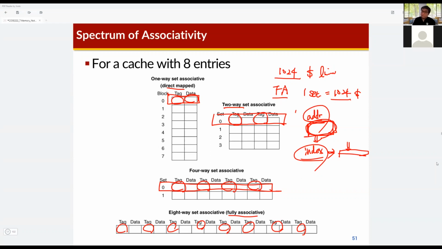Okay, so in the direct mapped cache, we can only access one cache line or one cache block, because when the index is calculated, this direct mapped cache only stores one cache line. So we just access this one cache line and compare one tag. When I explained the cache organization, the cache is composed of a tag part and a data part.